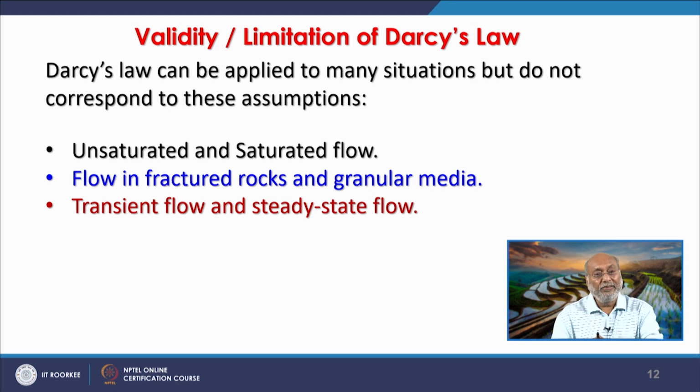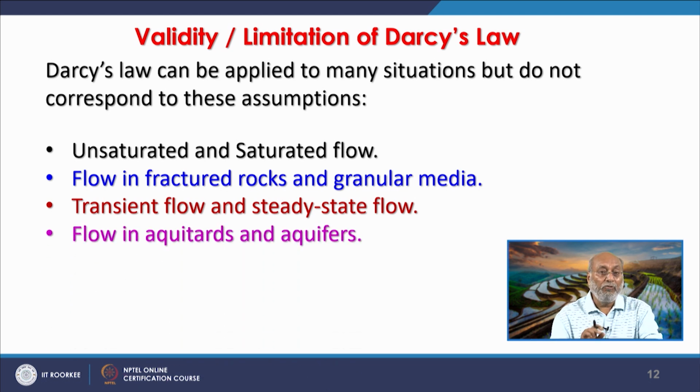So this is again one of the assumptions, that whatever is flowing, it may not be continuous transient flow at that moment, and steady state means as it is flowing, whenever you are doing any kind of estimations, things are not changing.